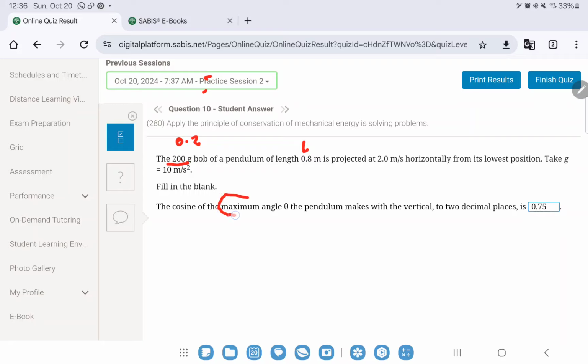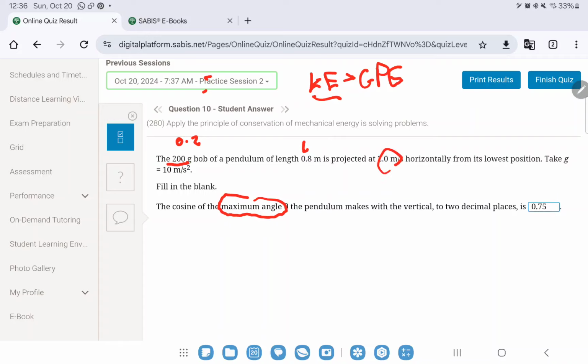Maximum angle means that kinetic energy equals gravitational potential energy, GPE. So we need to find our height first. To find the height, we need the kinetic energy, because we have a velocity.